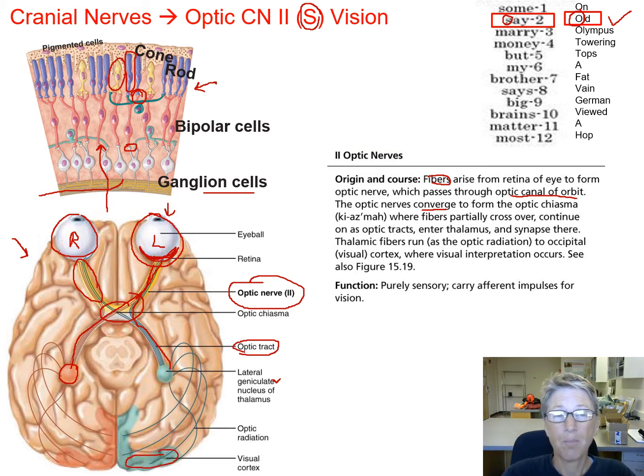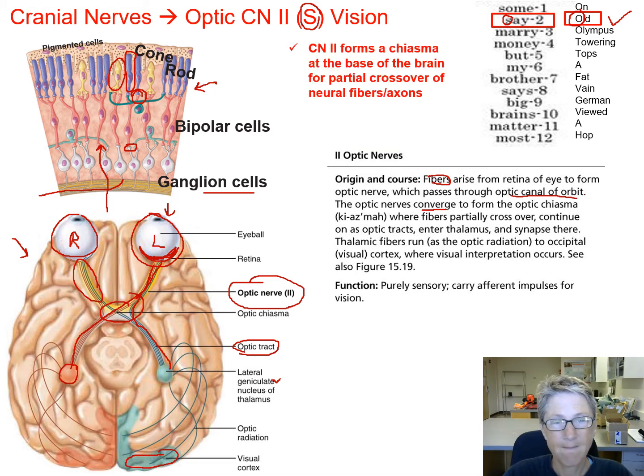And then you see something. And then I've got a little note here, cranial nerve 2, the optic nerve, forms a chiasm. So we just look at the chiasm at the base of the brain where you have partial crossover of these neural fibers or axons. That's called hemidecussation.